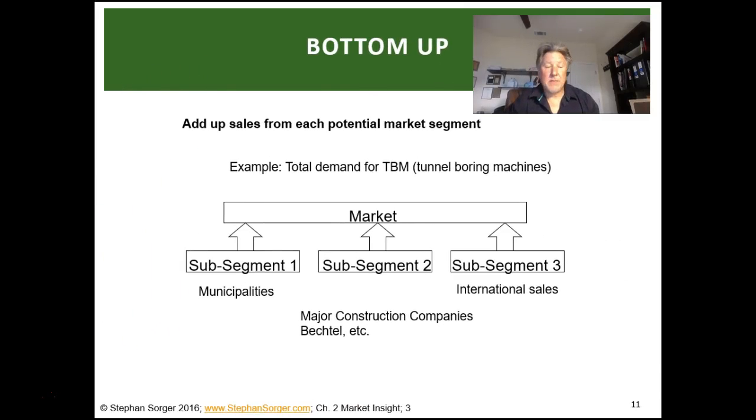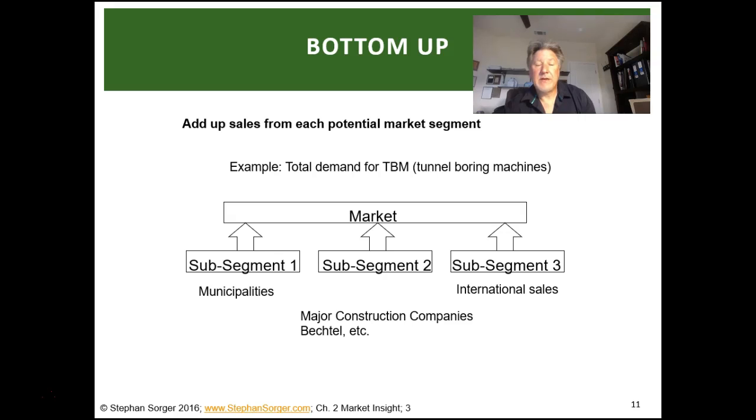Bottom-up is the opposite strategy, and is actually felt to be a little bit more accurate strategy, where you start to cobble together various subsegments to be able to characterize the market that's there in total, in this case especially with very, very targeted businesses, such as tunnel boring machines, which are used for creating tunnels for transportation.